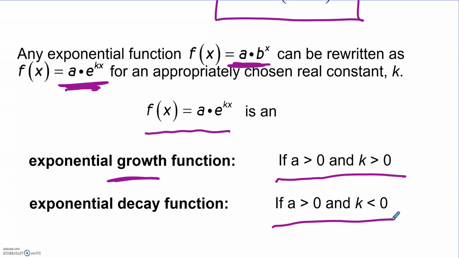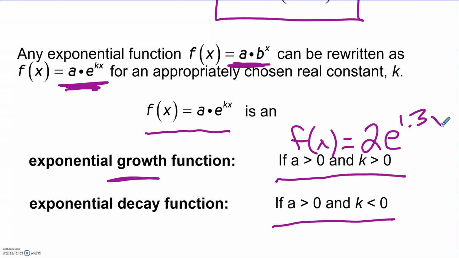So an example of an exponential growth would maybe be something like f of x equals 2 times e to the 1.3x. Okay, so that's an exponential growth because a, this first term here, is greater than 0, and k, which is the coefficient of x, is also greater than 0.